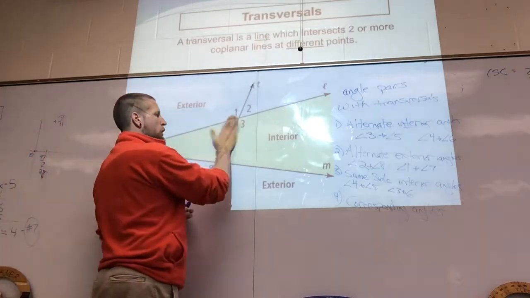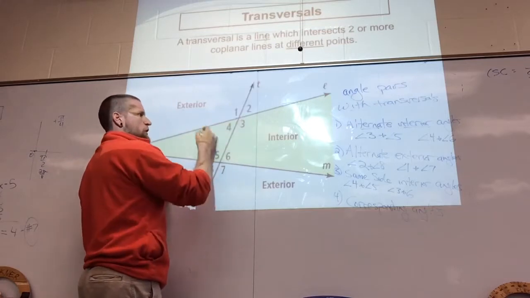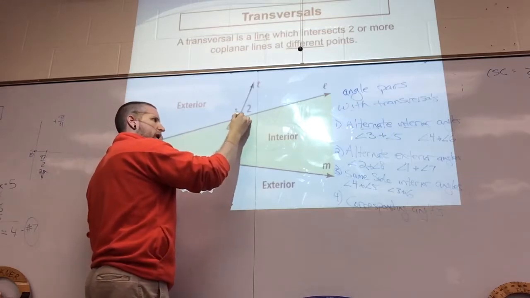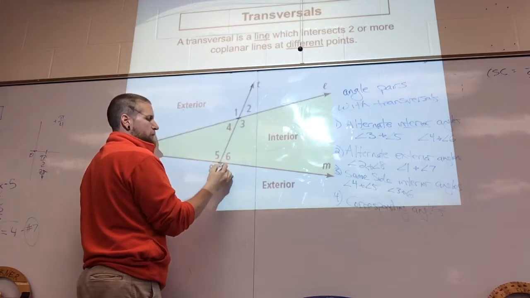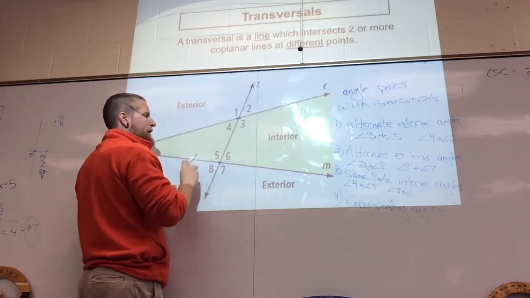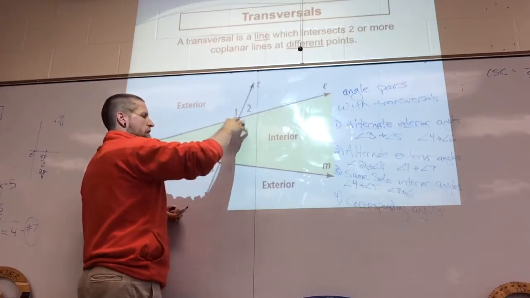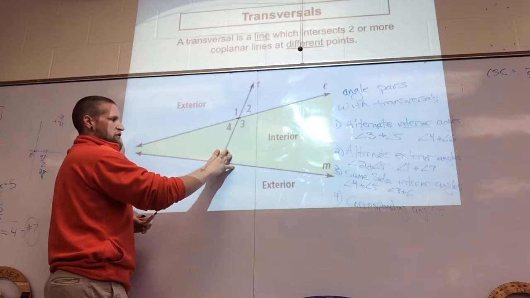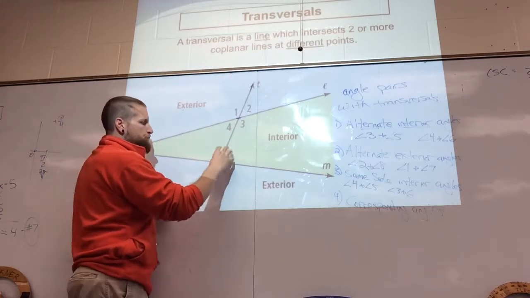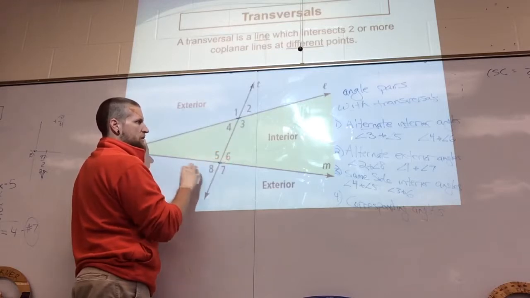So in the case of what we're working with here, the whole process of dealing with a transversal going through lines is you're picking one angle at this intersection, matching it up down here. So when I say you're stacking them, it's like in your mind you have to visually say, I'm taking this set of angles and I'm stacking them right on top of this one, so that the parts that overlap would now become corresponding. They'd be sitting in the same spot.